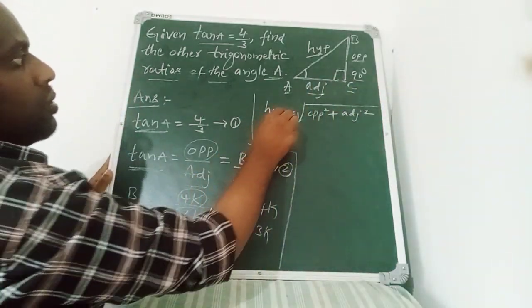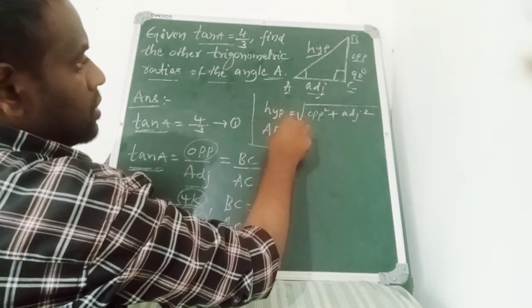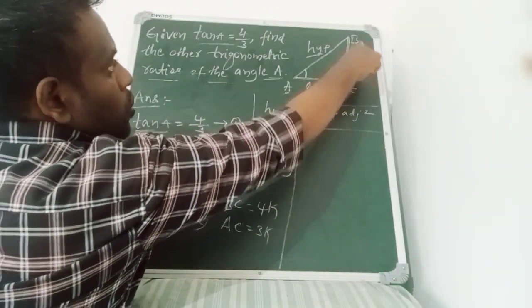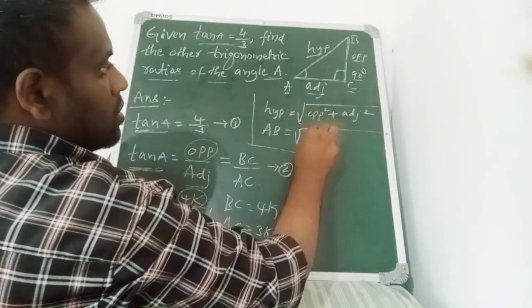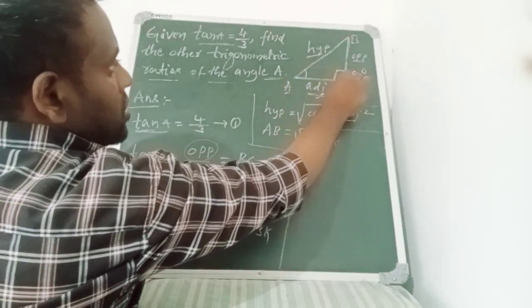So hypotenuse is equal to the square root of opposite side square plus adjacent side square. Now the hypotenuse here is AB. You will write the opposite side, here it is BC. The adjacent side here is AC.